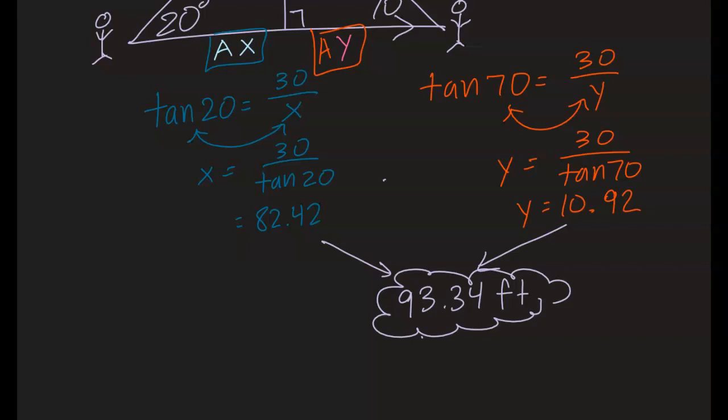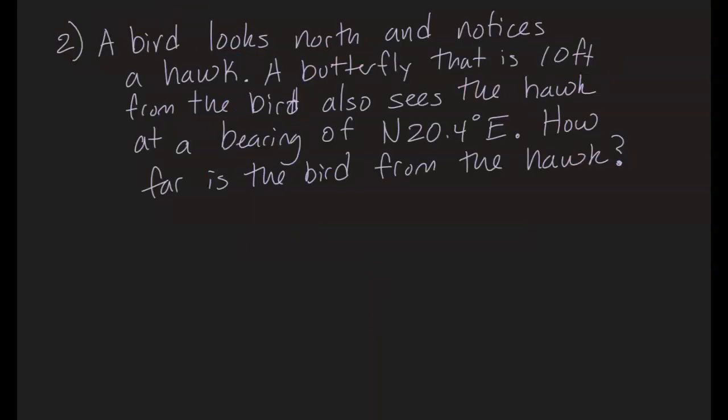So let me pause. I'm going to draw my little bird. We'll do a little bird and he looks north, so I'm going to draw a north line and my big hawk. And then we notice a little butterfly.